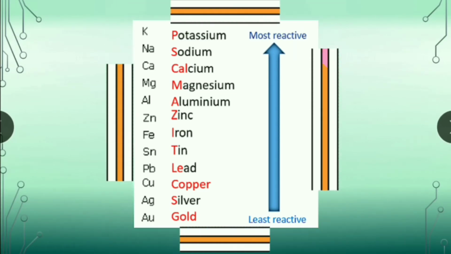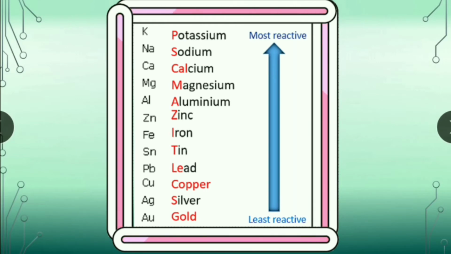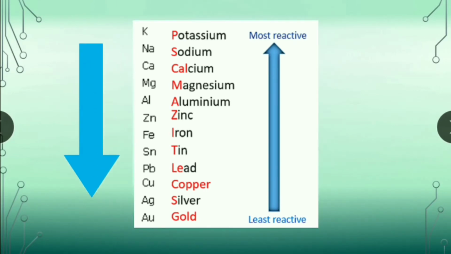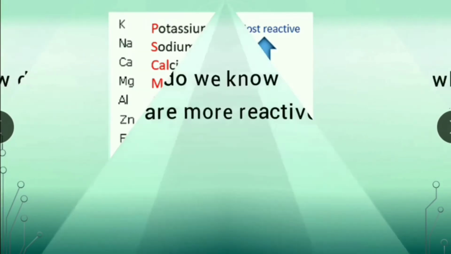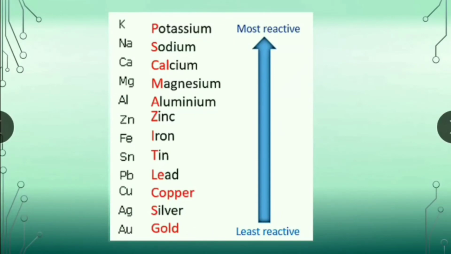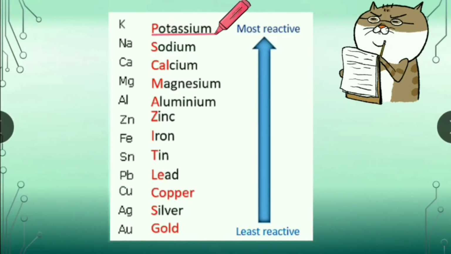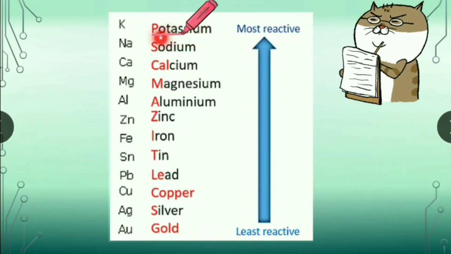The arrangement of metals in a vertical column in order of decreasing reactivities is called the reactivity series of metals. In reactivity series, the most reactive metal is placed at the top, whereas the least reactive metal is placed at the bottom. The reactivity series of some common metals you can see on your screen.